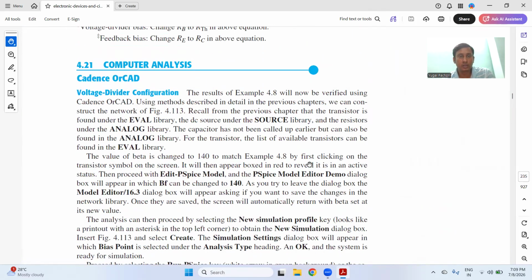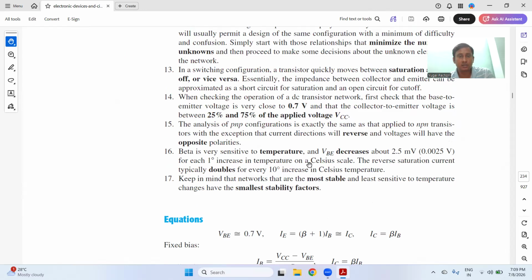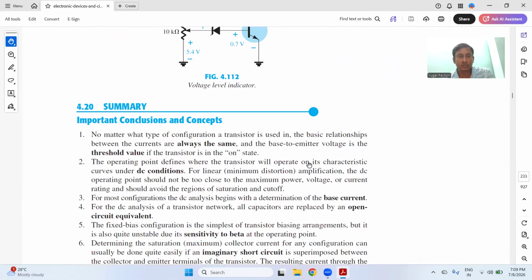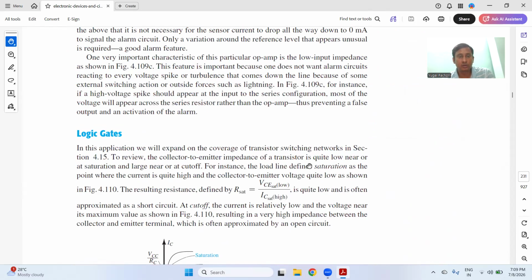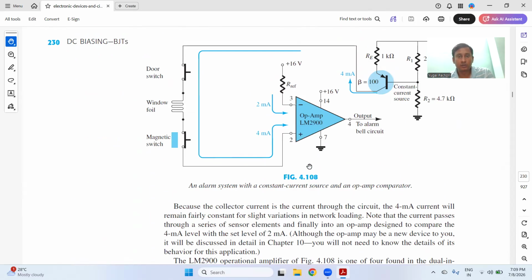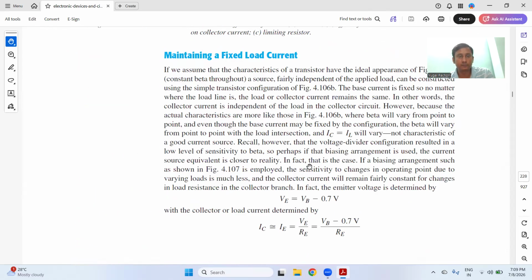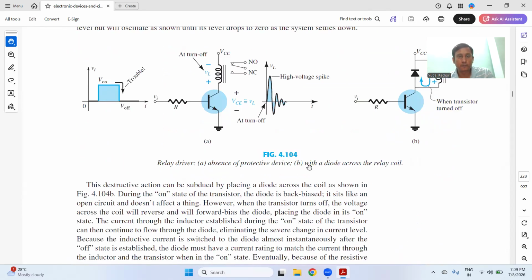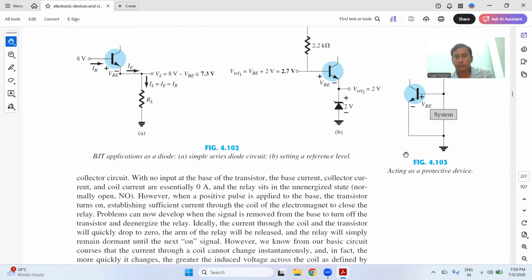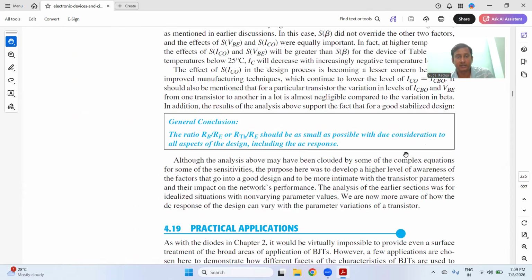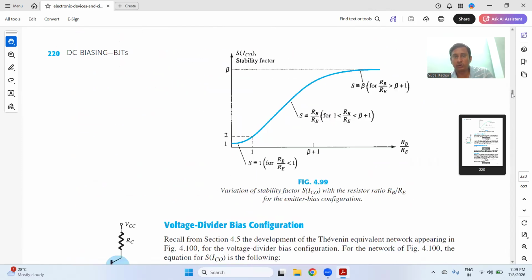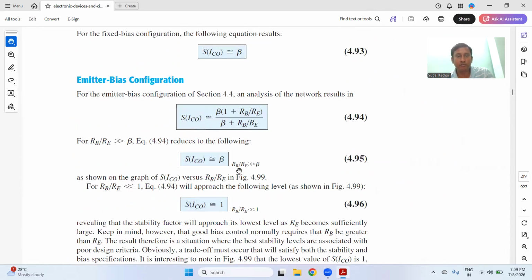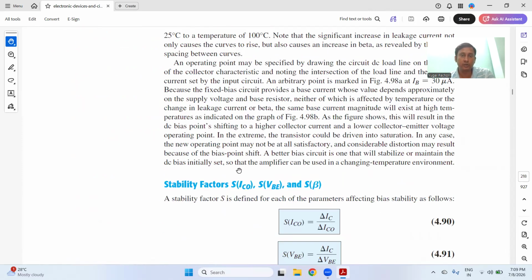Multisim, computer analysis. This is a summary: logic gate, alarm, practical application. So I think that's it for this part of the video. The current mirror we will do in the next part of the video.